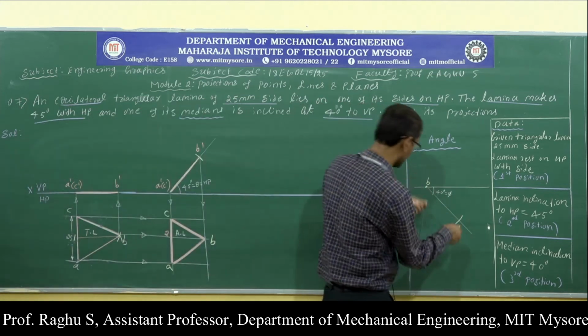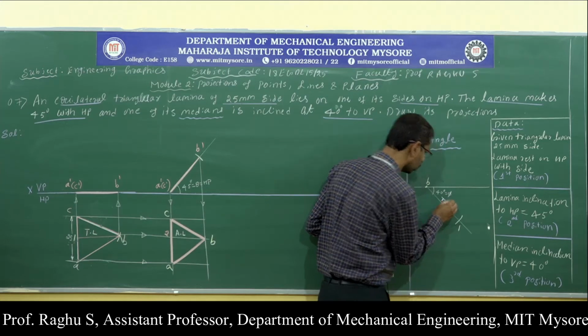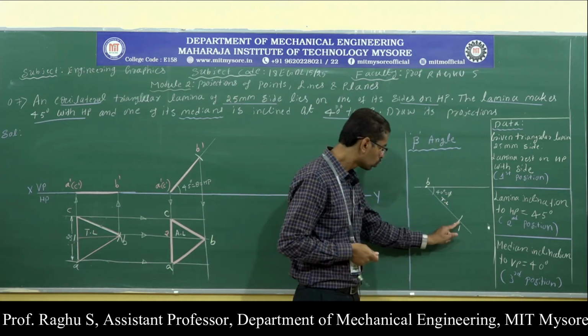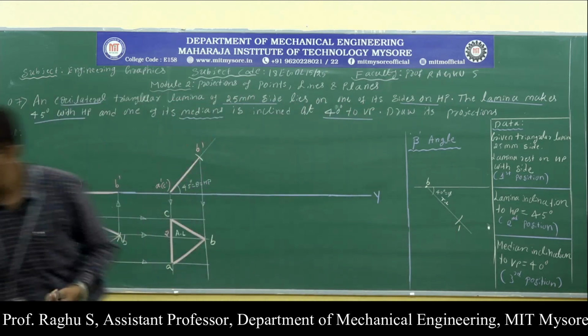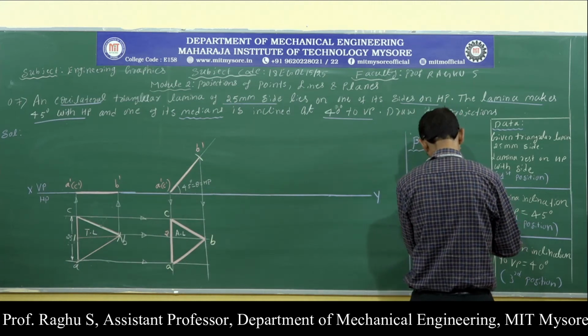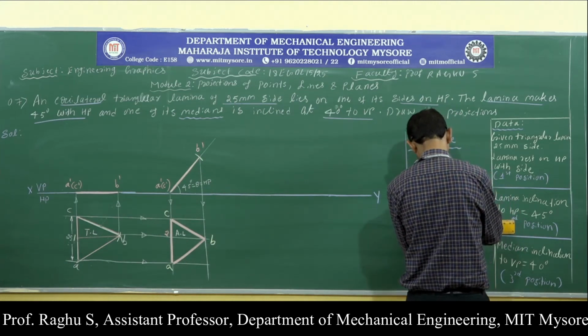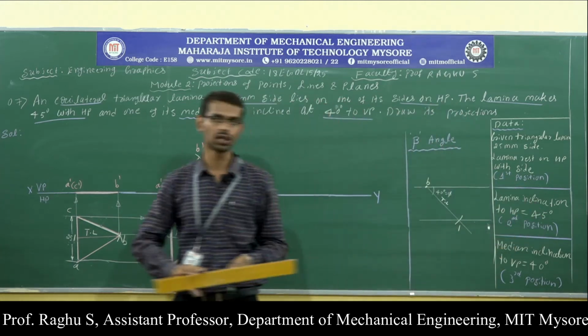So from point P cut an arc, and this is the true length. Now through this point draw a horizontal line.